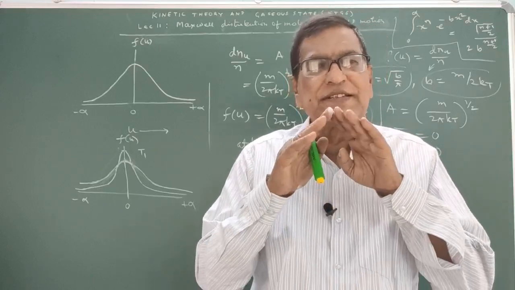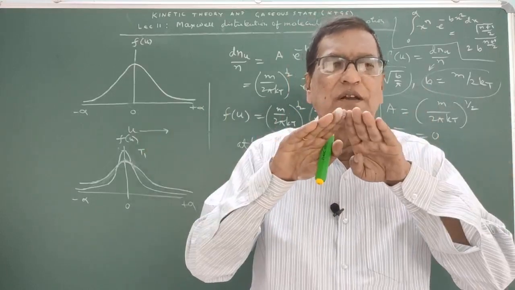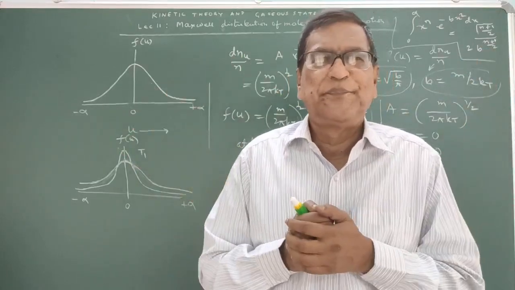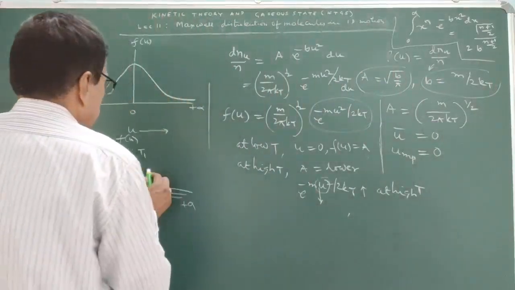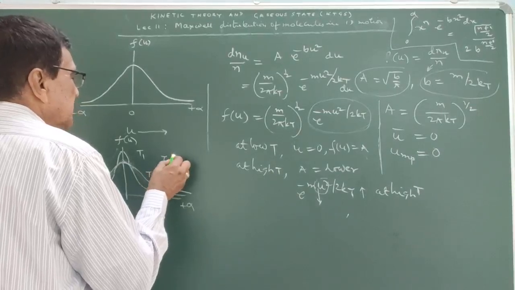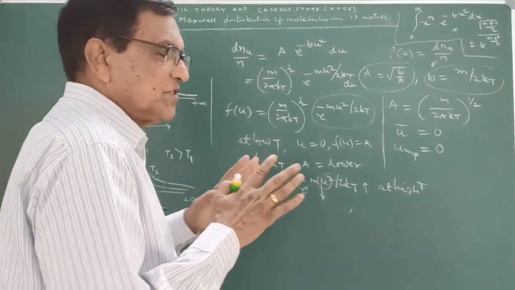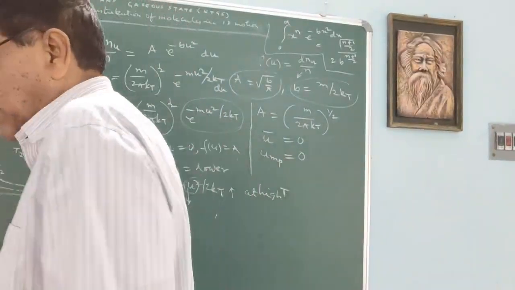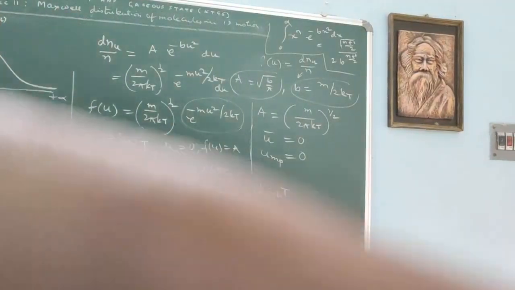Means at high temperature, this curve is uniform, broadened, with its peak lower. So this one is at the temperature T2, and T2 is greater than T1. So these are the features of this x component velocities distribution curve.